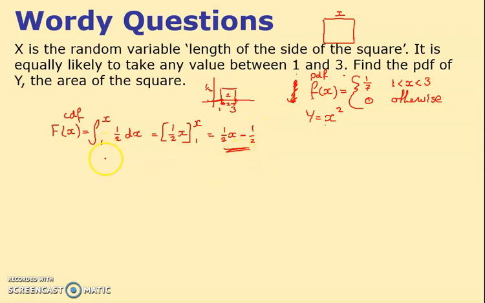Now remember what we want. Same as last time really, there shouldn't really be much difference between one answer and the next when you're doing this. We wrote last time that G of y was equal to the probability that Y is less than or equal to y. That's our definition. And from that I can get rid of that Y and put in my X squared. So it's the probability that X squared is less than or equal to y.